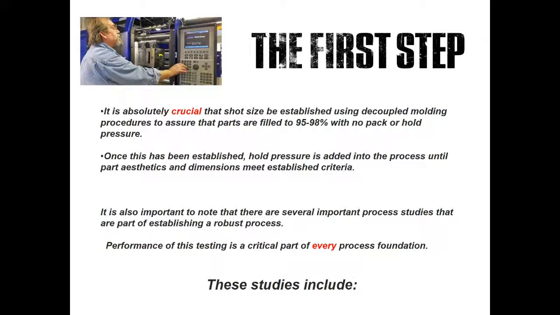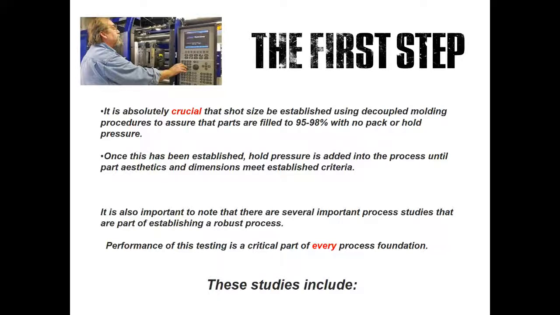So the first steps we need to take, it's absolutely crucial that shot size be established using decoupled molding procedures. We want to ensure that parts are filled to 95 to 98% with no pack or hold pressure. And once this has been established, we then add hold pressure back into the process until part aesthetics and dimensions meet the established criteria outlined by our customer.